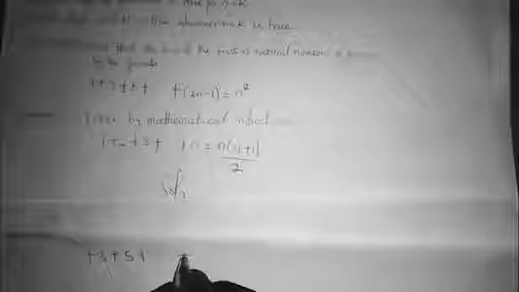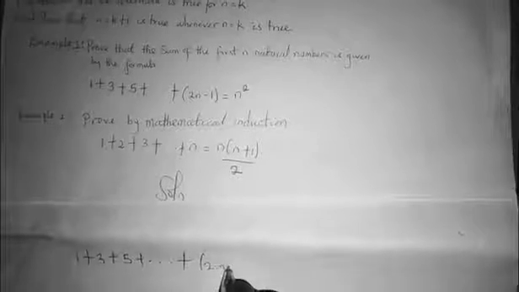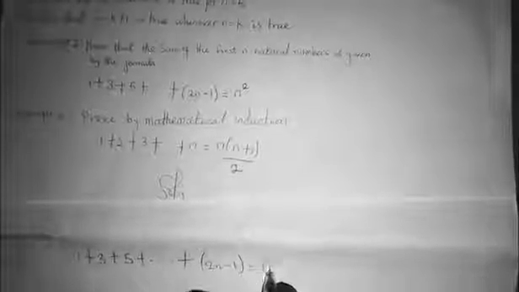Solution: you have 1 plus 3 plus 5 plus ... plus (2n minus 1) equals n squared.